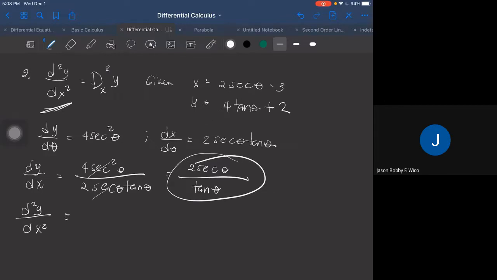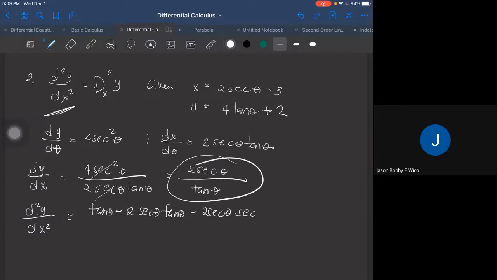That's equal to low derivative of high, which is secant theta tangent theta, minus high derivative of low, secant squared, divided by tangent squared theta.